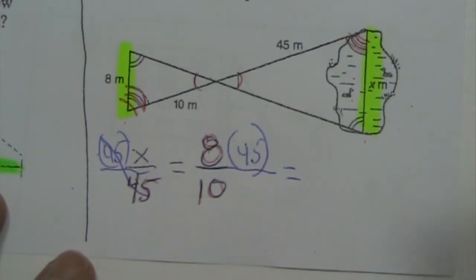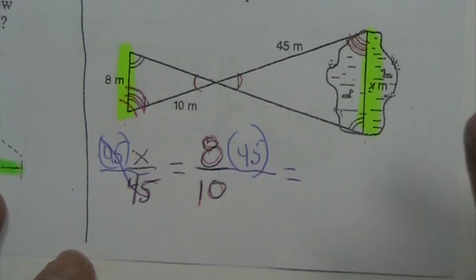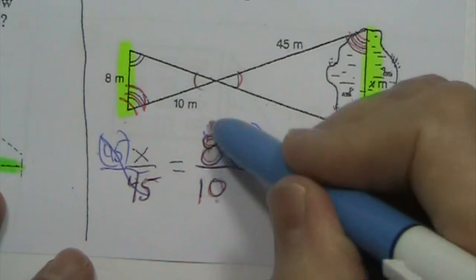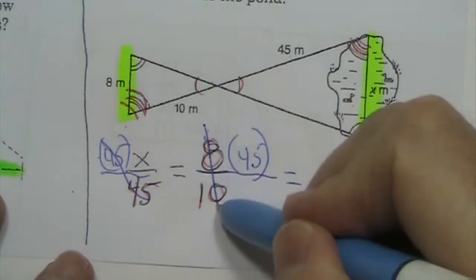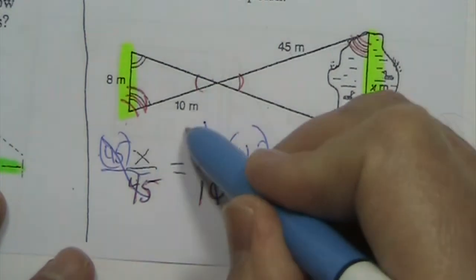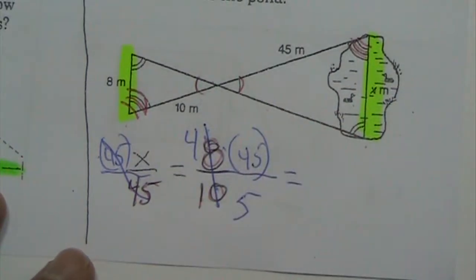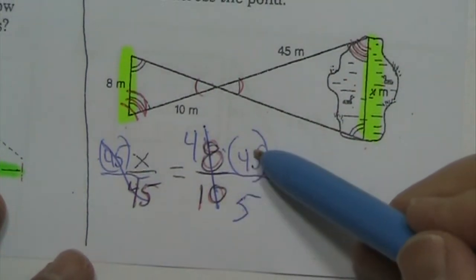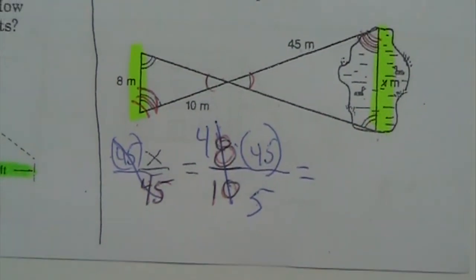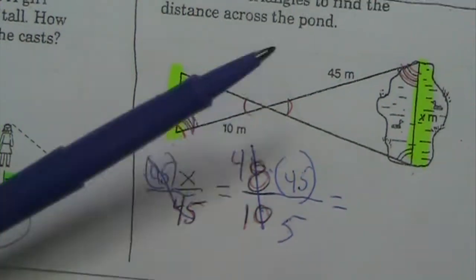Let's see if we can just do this real quick. I think I will do this without a calculator. To do that, I know 8 and 10, 2 goes into both of those. 2 goes into 10, 5. 2 goes into 8, 4. And I know that 5 goes into 45.